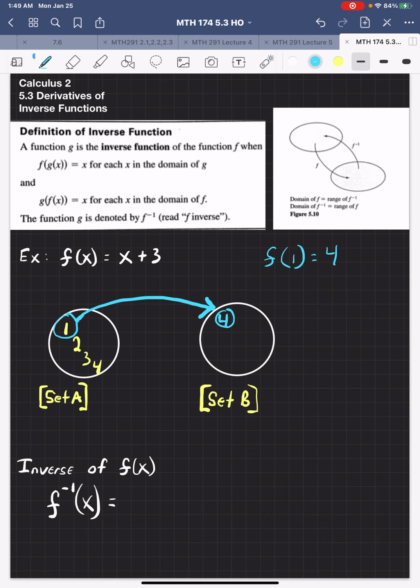So this right here is the function, I'll just write it as f so I don't confuse you. So 1 undergoes a transformation, that's the function, and what comes back out is 4. Same way, 2 maps to 5, 3 maps to 6, 4 maps to 7.